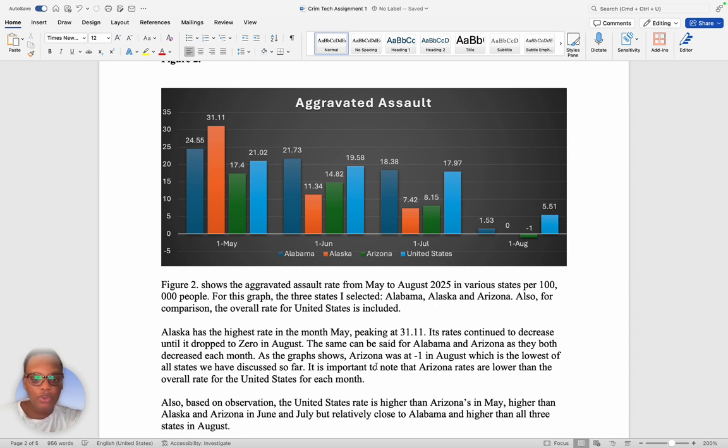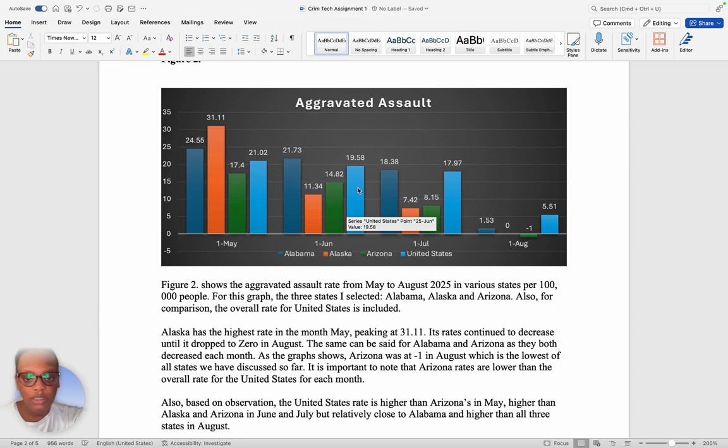As the graph shows, Arizona is at a -1 in August, which is the lowest of all the states we have discussed so far. It is important to note that Arizona rates are lower than the overall rates for the United States for each month. If you look, you have the United States rate right here, and it's at 21.02. Then you have the rate for Arizona, which is 17.4.